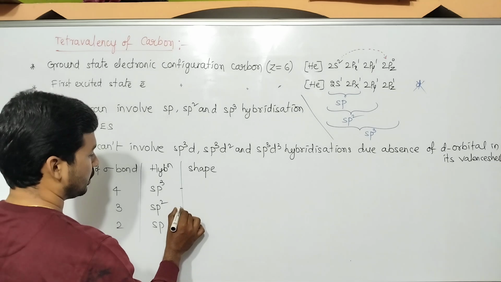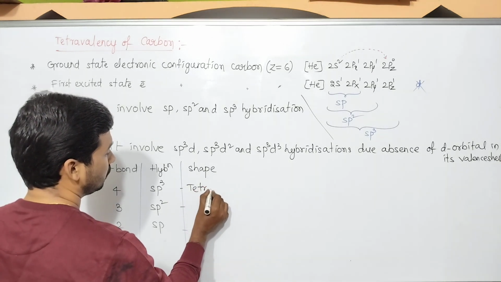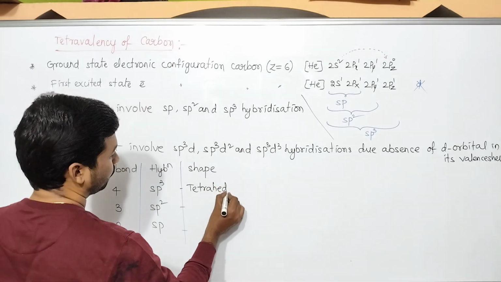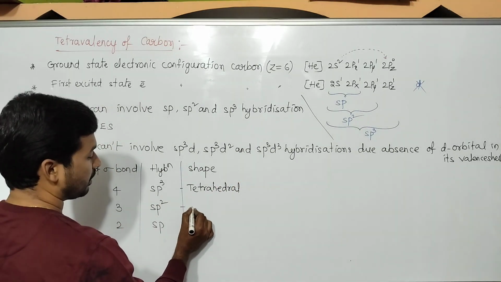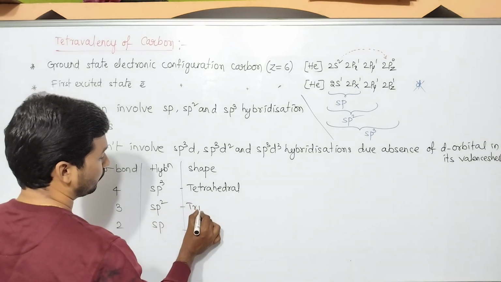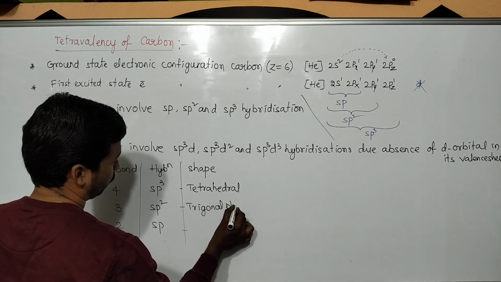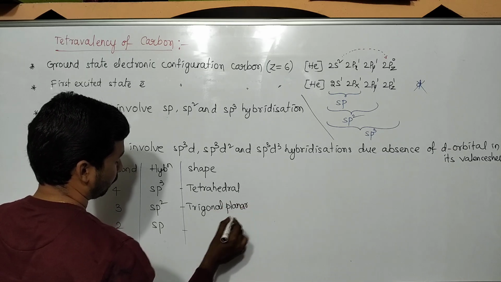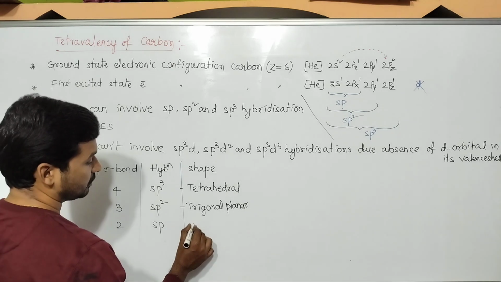If hybridization is sp3, the shape of arrangement of atoms on that carbon is tetrahedral. If hybridization is sp2, the shape of arrangement is trigonal planar. If hybridization of carbon is sp, the arrangement of atoms is linear.